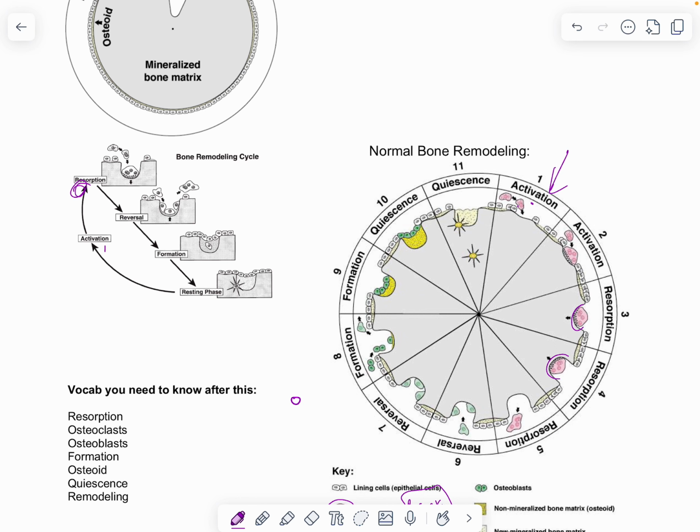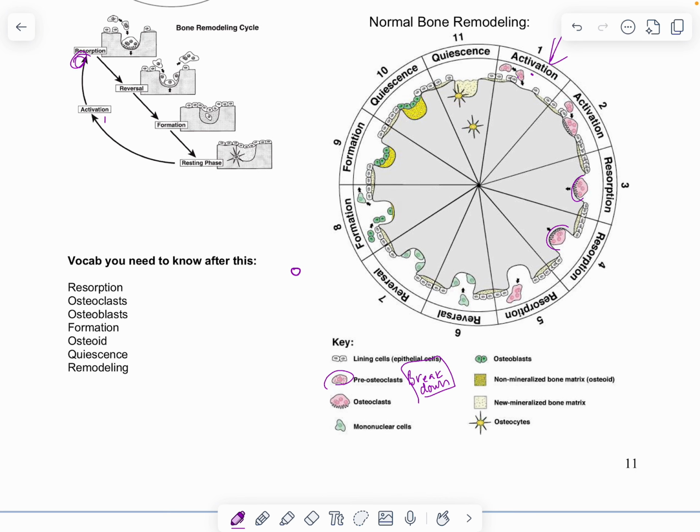And then reversal, what are the little green guys? The little green guys are mononuclear cells that turn into osteoblasts. And look what the osteoblasts are going to do. They're going to start putting this yellow stuff in there, and that is osteoid tissue. And if we take a look at what they're doing, they built it all the way up to the top.